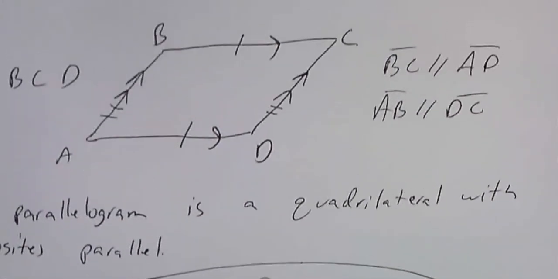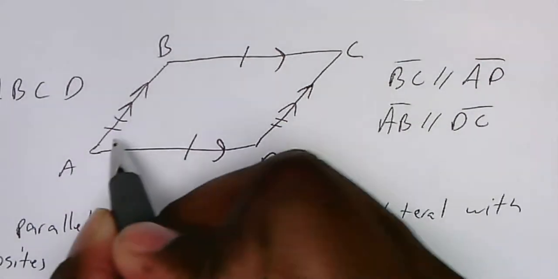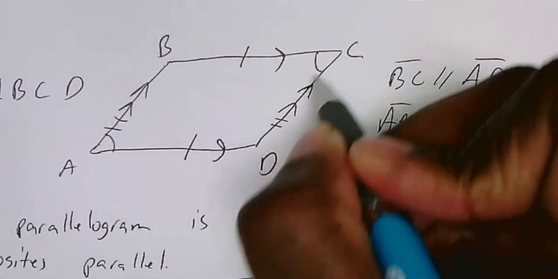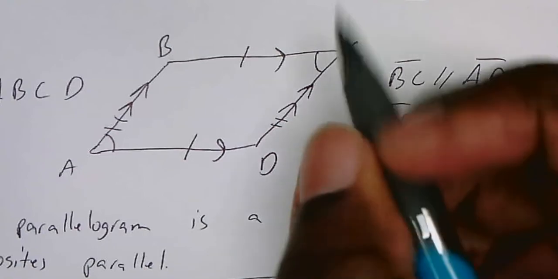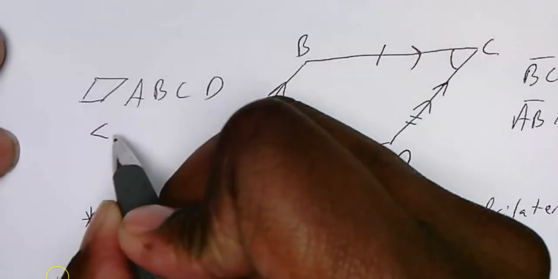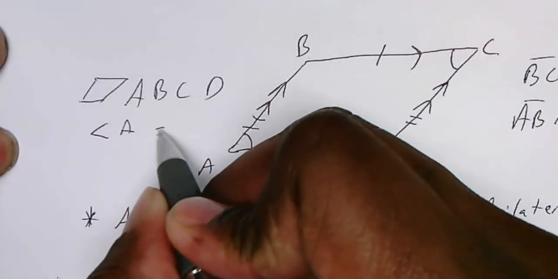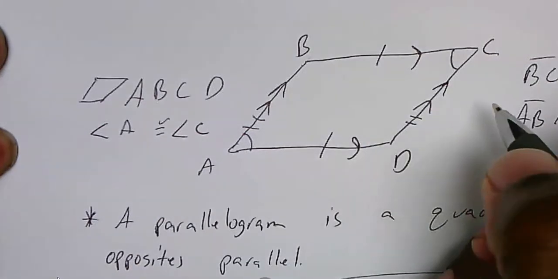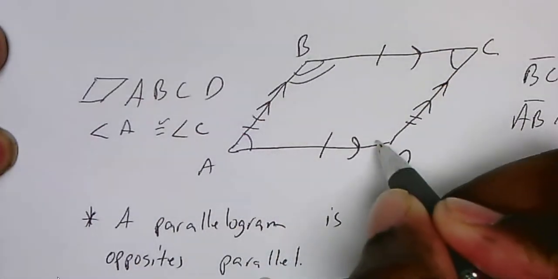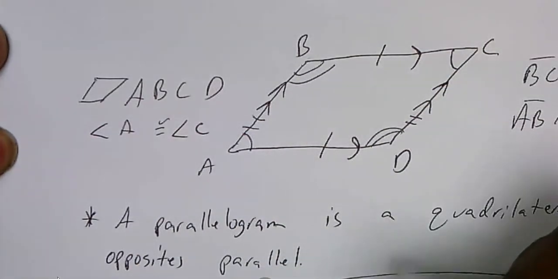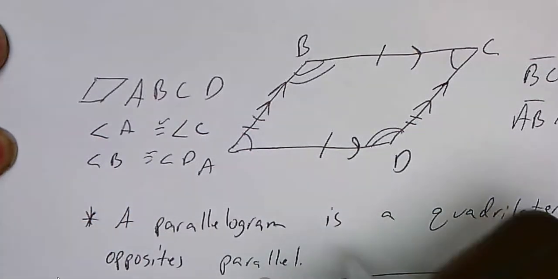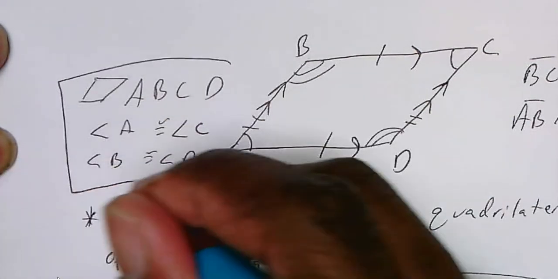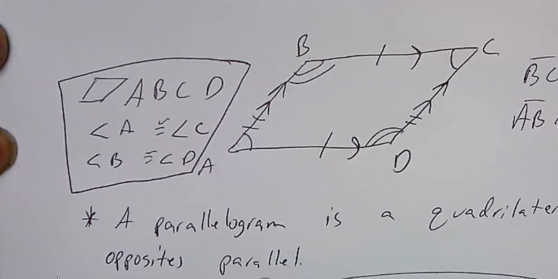What I mean by opposite angles is angle A and angle C. These two acute angles are opposite angles. So angle A is congruent to angle C. Angle B and angle D, those two obtuse angles, are congruent. So angle B is congruent to angle D. All those are more properties related to parallelograms.